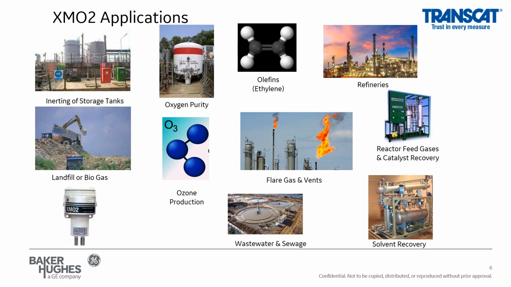So in the storage and compression they want that gas to be oxygen-free. In ozone production, ozone is being used today as a substitute for chlorine. It has many of the same kind of disinfectant and bleaching properties. We use these for flare gas applications, in reactor feed gases.